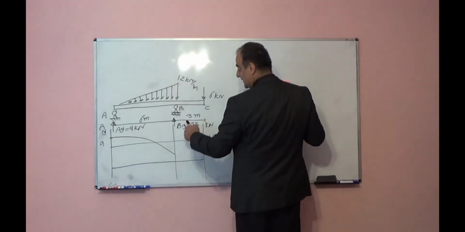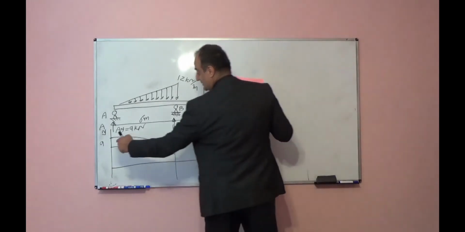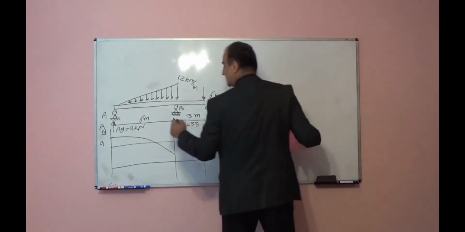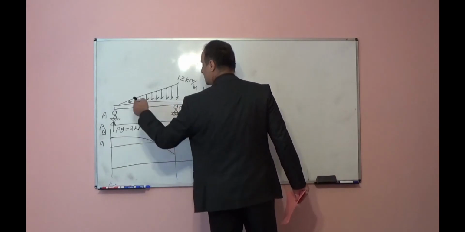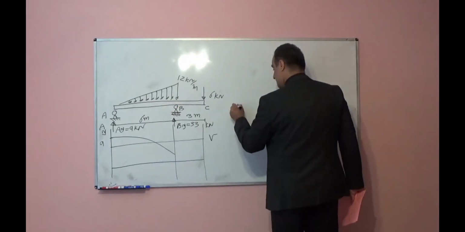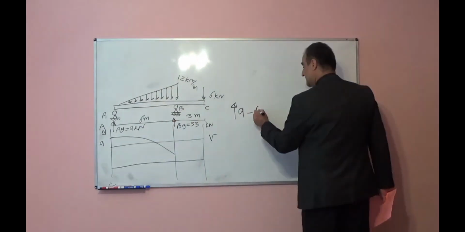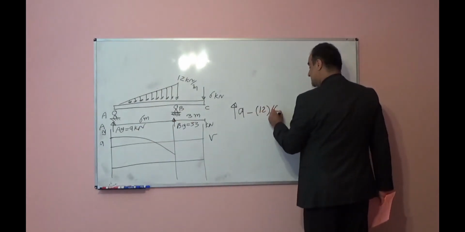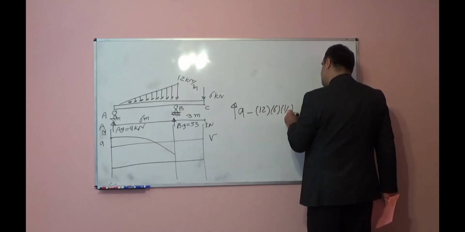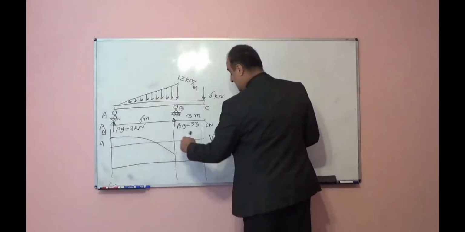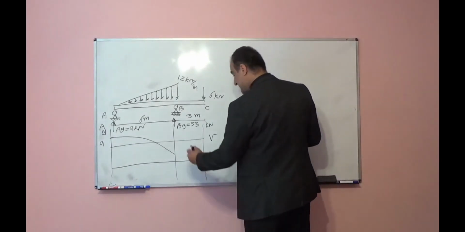At point B, 9 upward, minus until to point B, how much downward you have force, minus area underneath of this, 12 times 6 times half downward. So at point B you will reach to the negative 27.